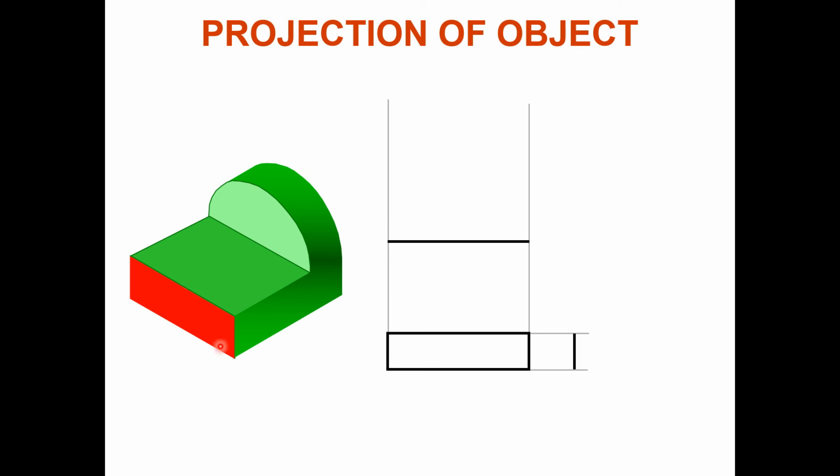Okay, and when you will see this face from the right side, you will see this line only, and when you will see from the top, you will see this line as it is here, this object. Now when you will see from the front, you will see a circle, half circle here. Okay, and when you will see this circle from the right side, you will see a vertical line only.